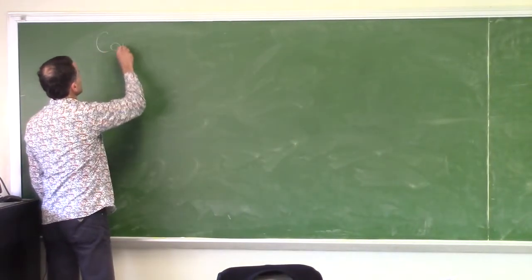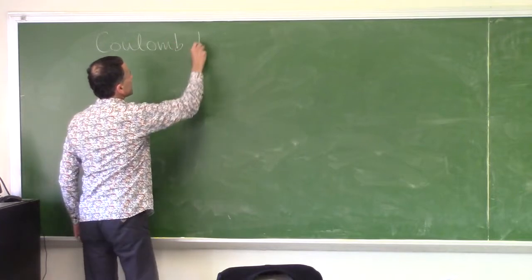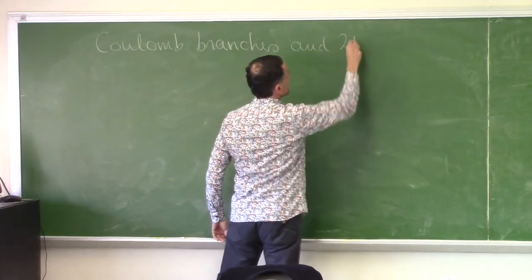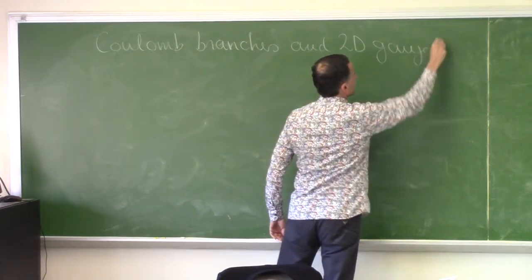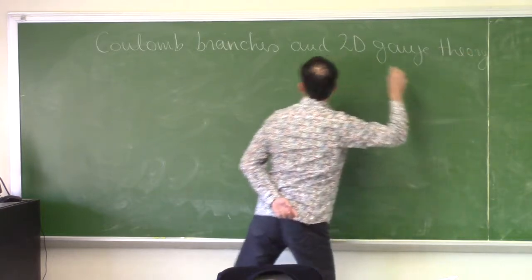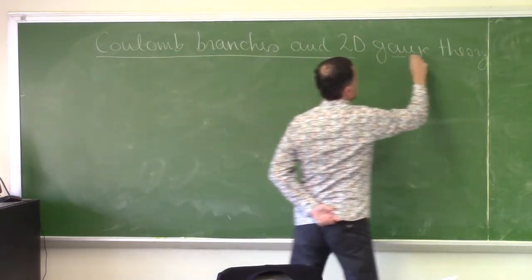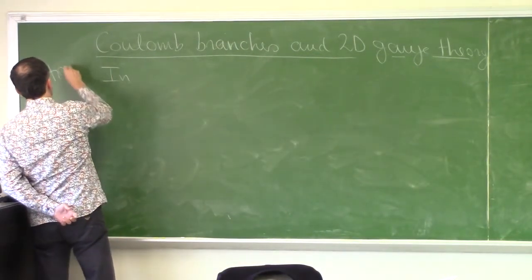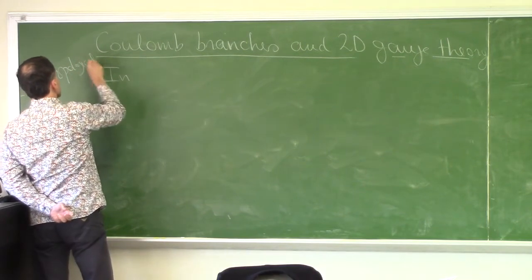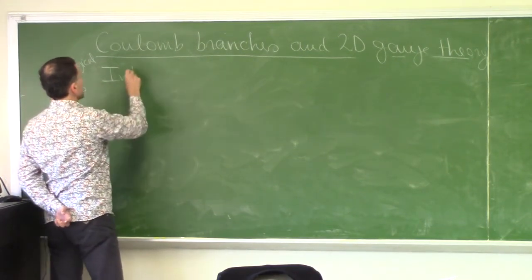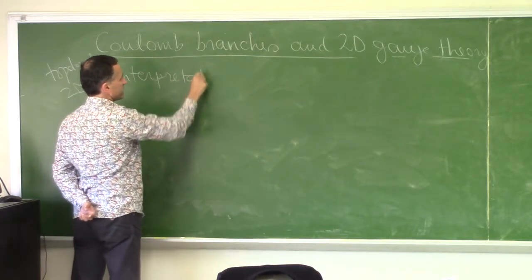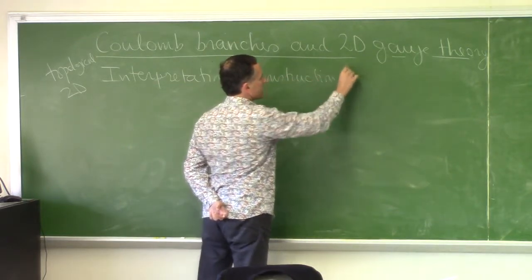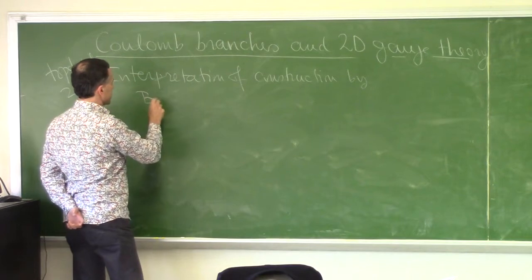So then I talk about Coulomb branches and 2D gauge theory. And what the talk is broadly is an interpretation, let's say topological, 2D I should say, interpretation of a construction by Braverman, Finkelberg, and Nakajima.